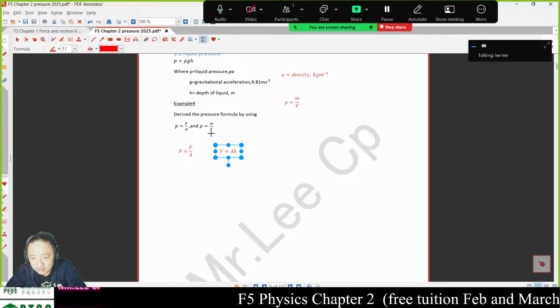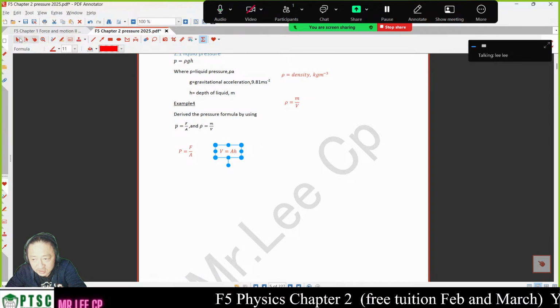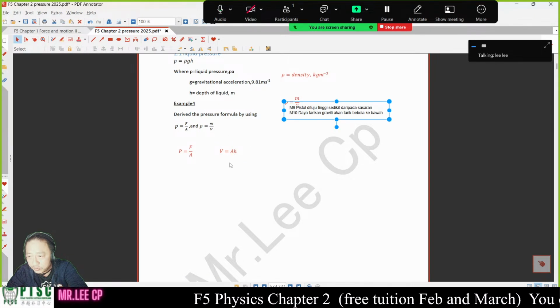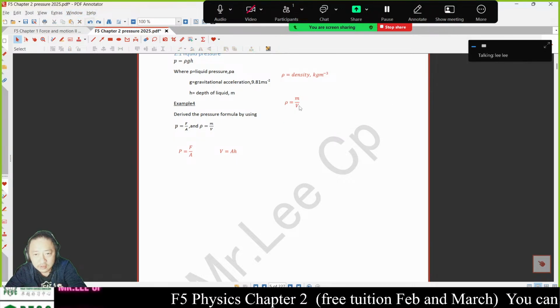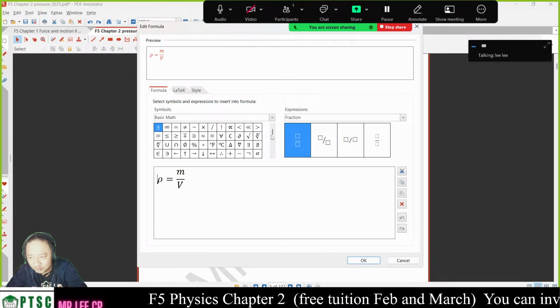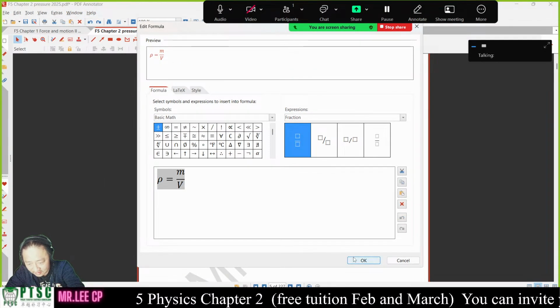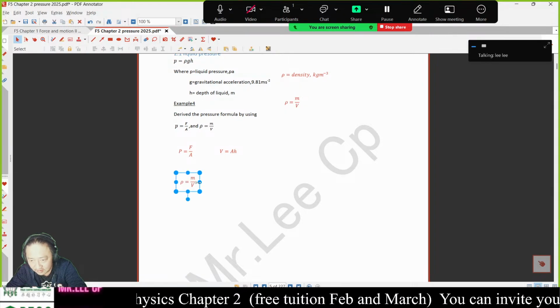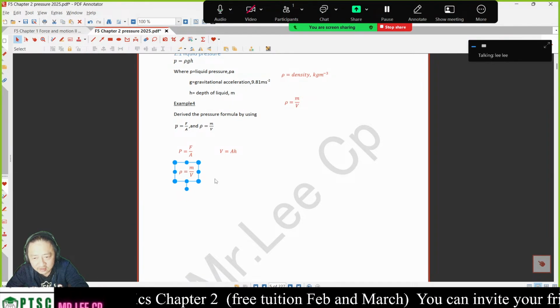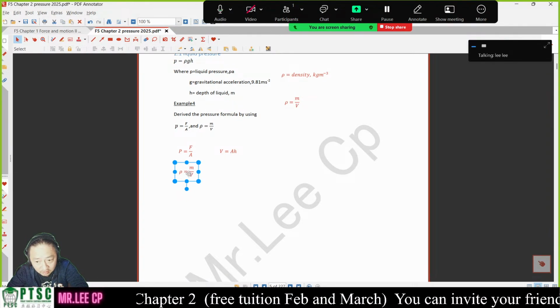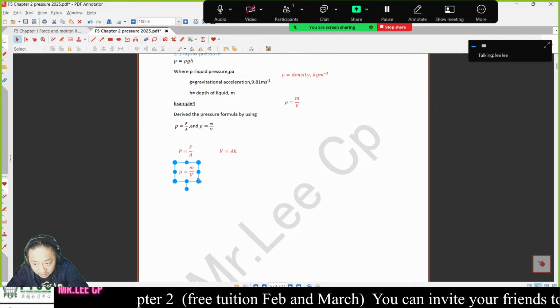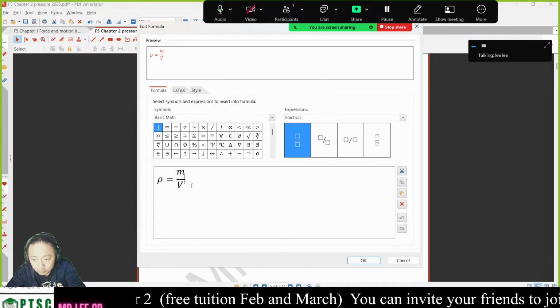Now we have that density is equal to mass over volume. I copy this one down. Density is equal to mass over volume. So what is volume? Area times height. So we put it in from here.